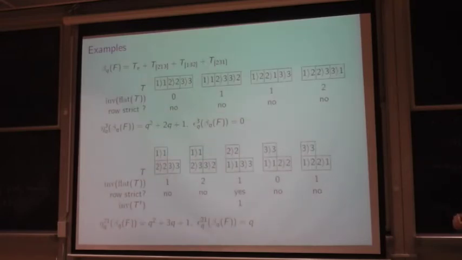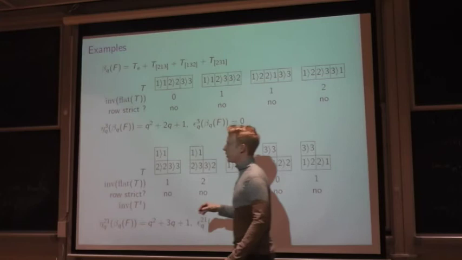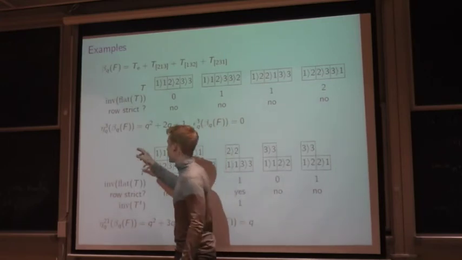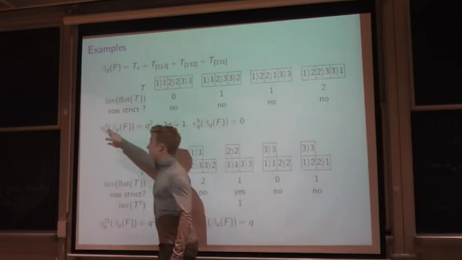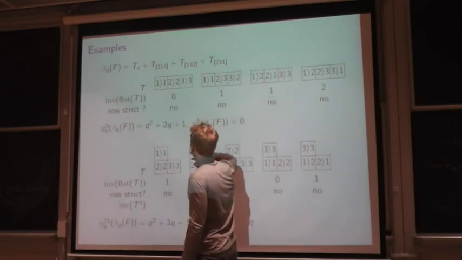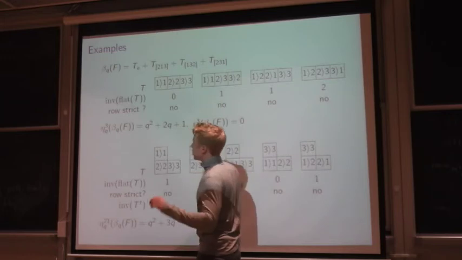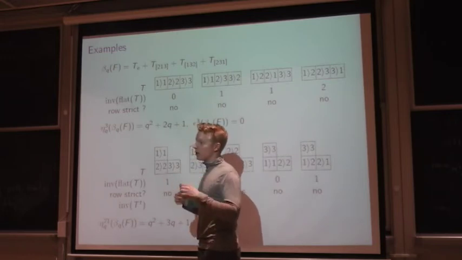Then to evaluate the immanents, we just get these numbers here. Evaluating the eta immanent on the path matrix of that planar network from the last slide, these are the tableaux of shape 3. Sorry, I only listed the ones that are row closed and canonical.